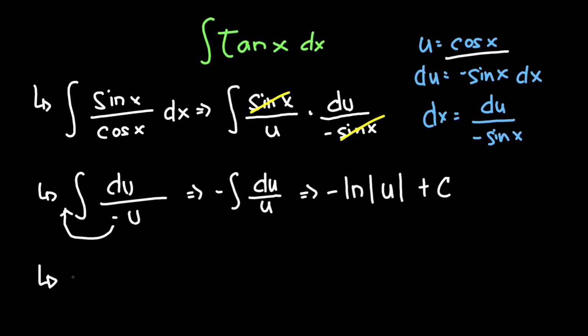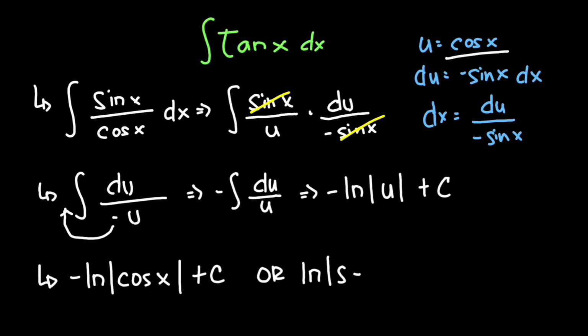So, the final answer would be equal to negative natural log the absolute value of cosine of x plus the constant of integration. Or, you can use this. This would be positive natural log the absolute value of secant x plus c.